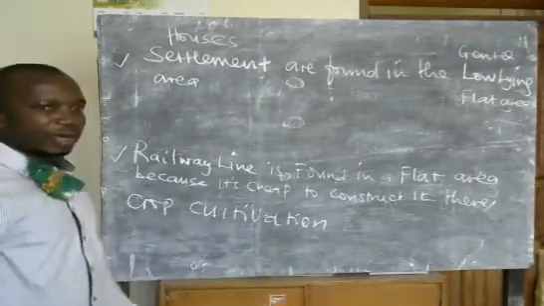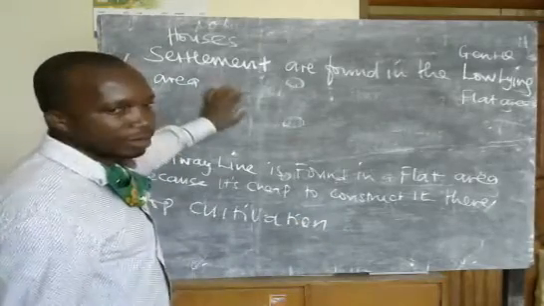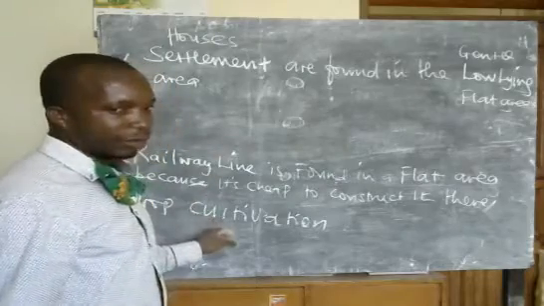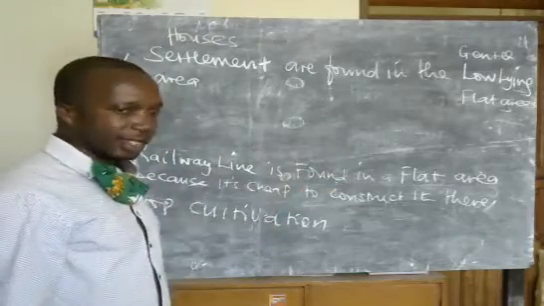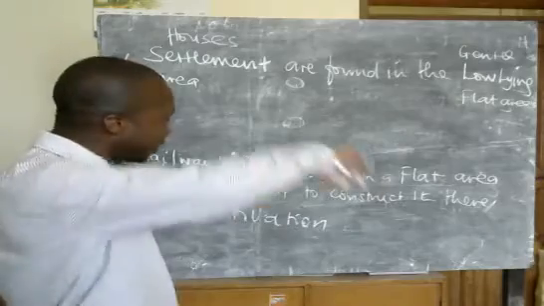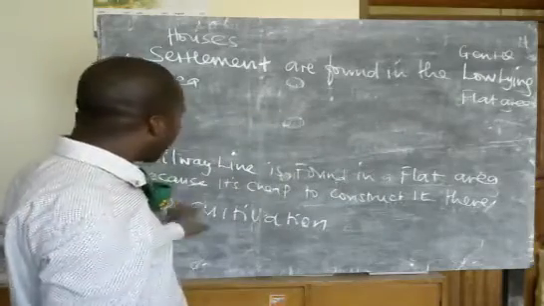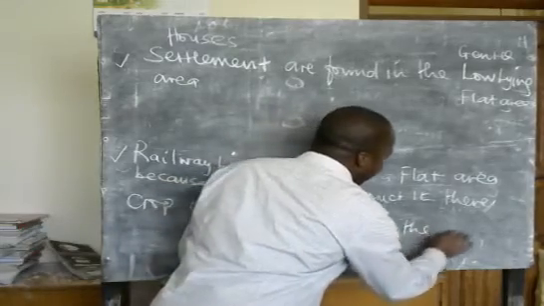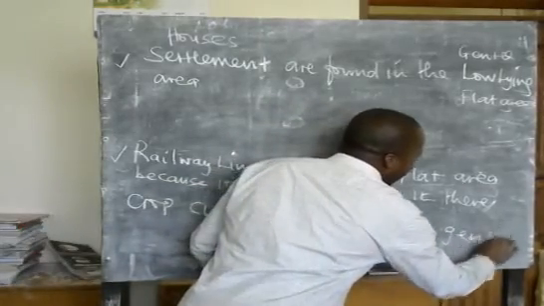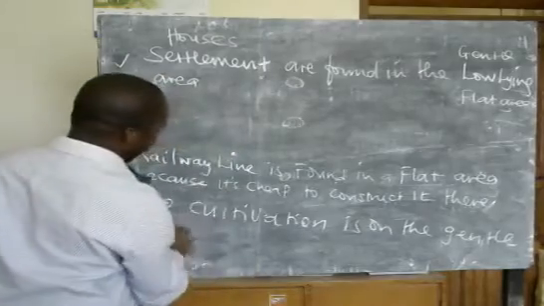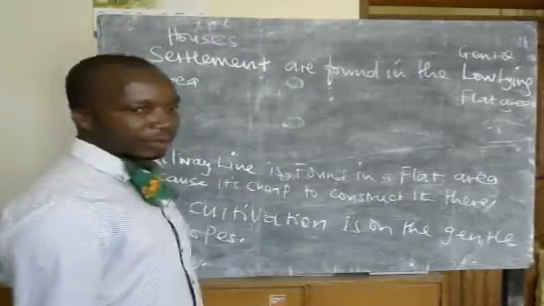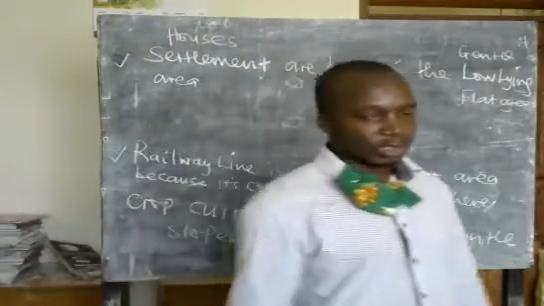Remember, on our human features, we saw crop cultivation on the gentle slopes. So here we still say that crop cultivation is on the gentle slopes.